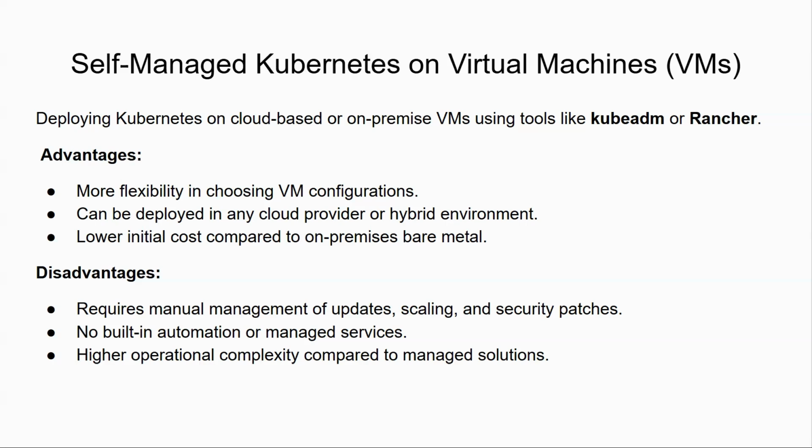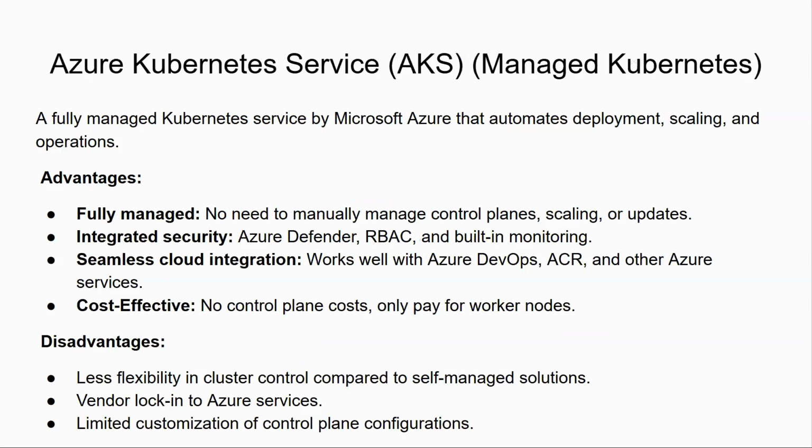Disadvantages: requires manual management of updates, scaling, and security patches. No built-in automation or managed services. High operational complexity compared to managed solutions. This is highly recommended for hybrid environments. It is more flexible than on-premises, but maintaining it would be difficult.